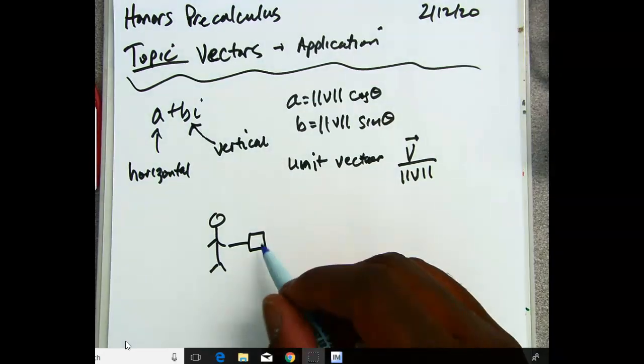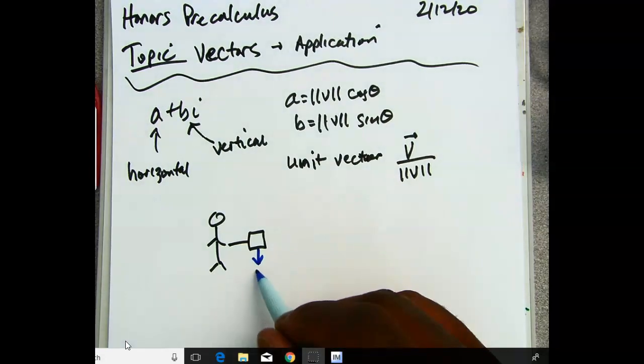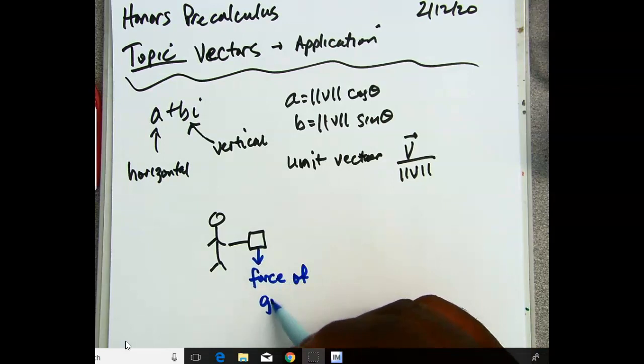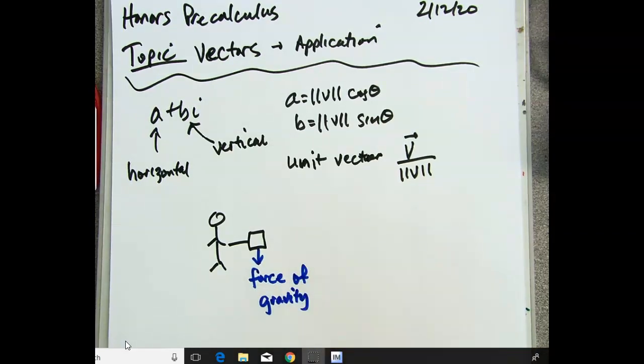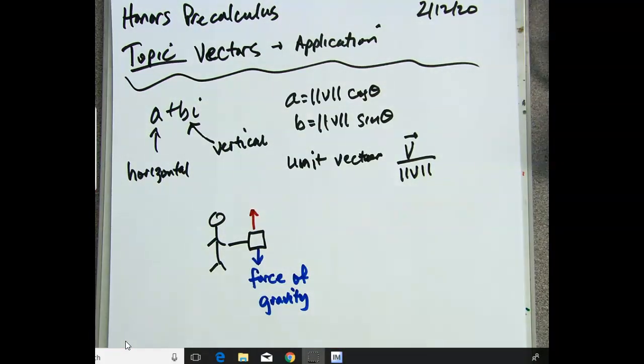You have a force due to gravity that's pulling down on this box. Now, if this box is not moving at all, so you're just holding this box, there's also a second force that's working on this, and that one's moving up. It's to counter the force of the gravity.